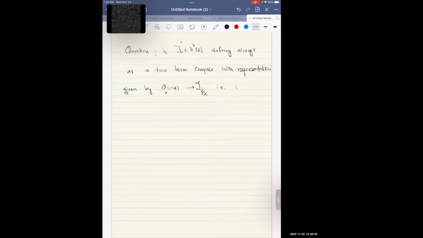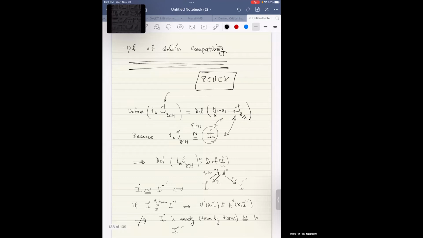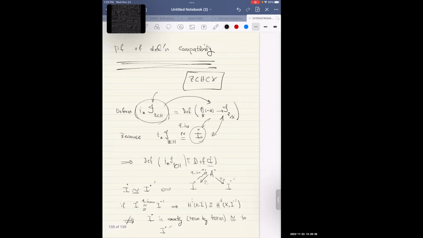That is, is the deformation of I dot equal to the deformation of OX minus H? Okay, that is what is not clear. The deformation of I dot could be some I dot prime which has 10 terms. If that's the case, then you cannot say that this thing is always deforming as this 2-term complex. It's not true. Okay, so that's what we would like to prove.